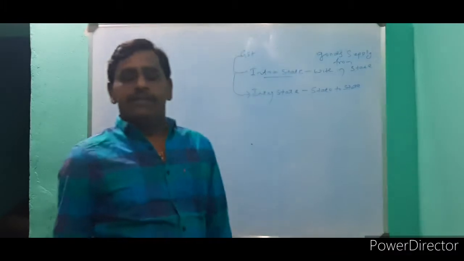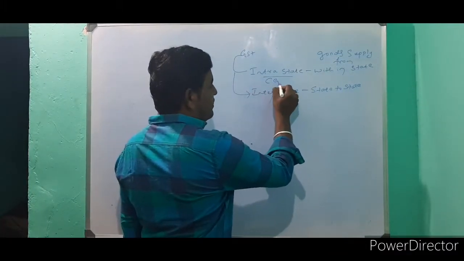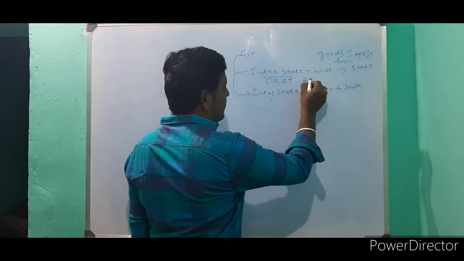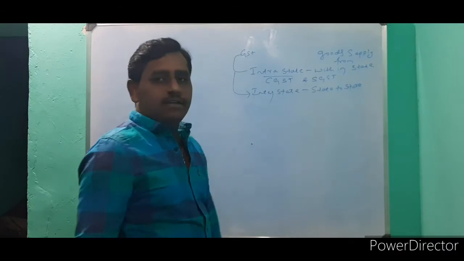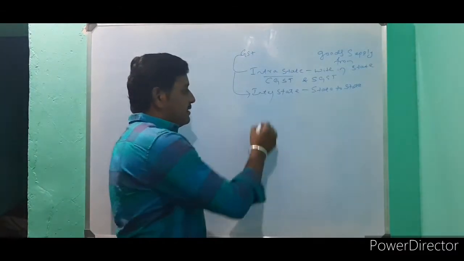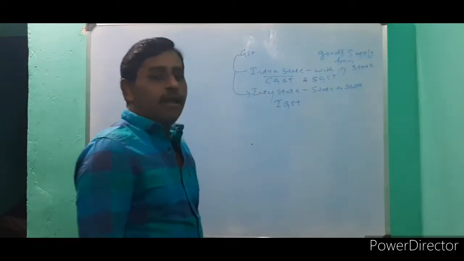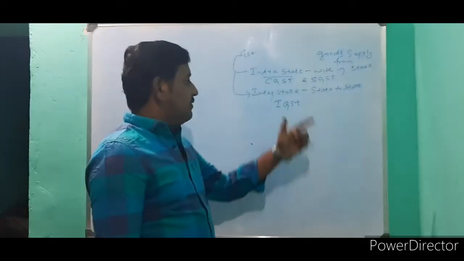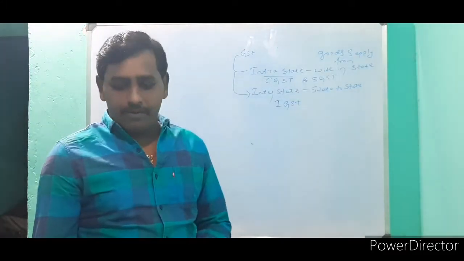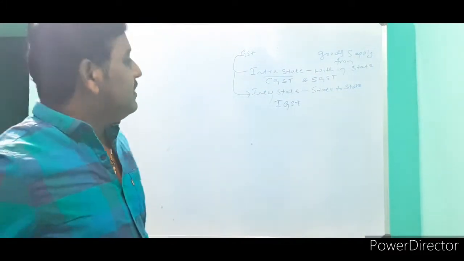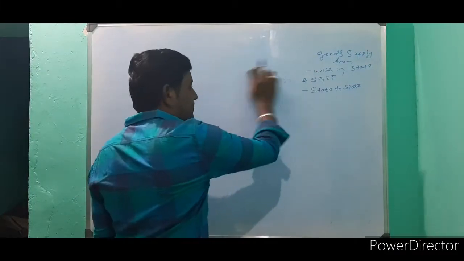In intrastate, we find CGST and SGST, that is central GST and state GST. In interstate, you have to find integrated GST, that is IGST. These are very important. Now we go through problems, then you will easily understand what is intrastate and interstate.